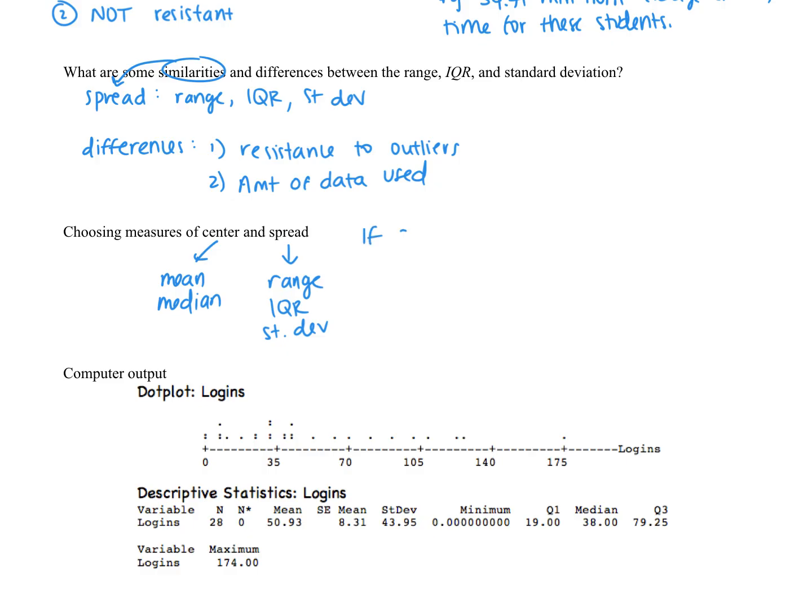If your data is symmetric, people tend to like the mean and the standard deviation. Those are easy to interpret. They're both averages. They take all of the data set into account. But they're affected by outliers. So if there is a skew or there are outliers of some type, the mean and standard deviation are no longer good reflections of the data. So instead, we would often use median and IQR.